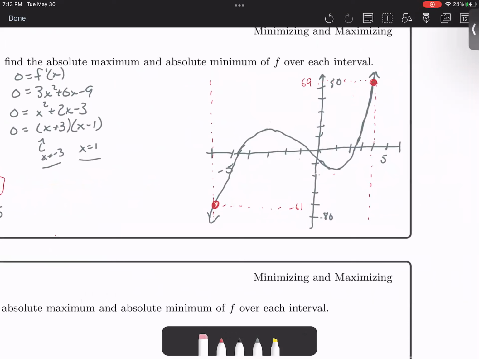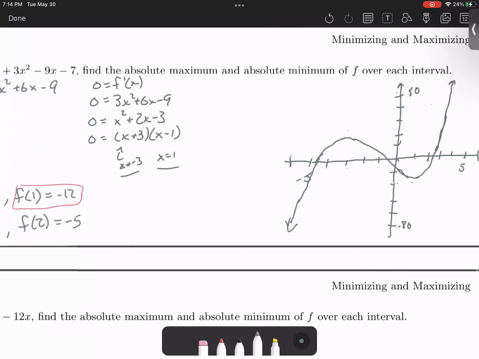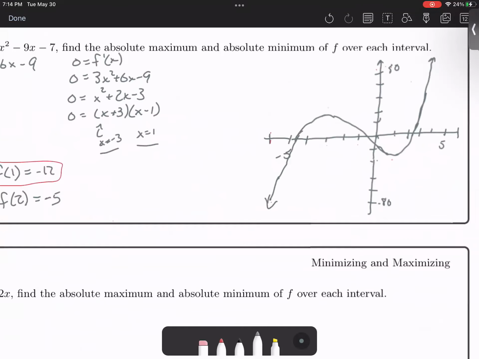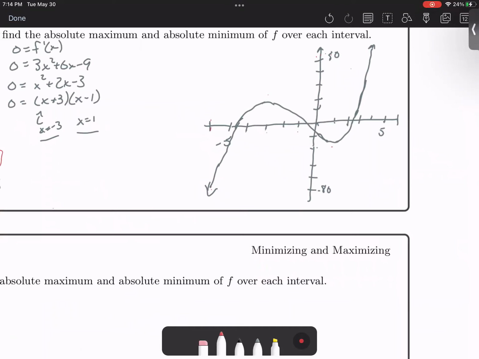So now we just change intervals. Now I'm restricting myself to -4 and 2. So there's x is equal to -4.